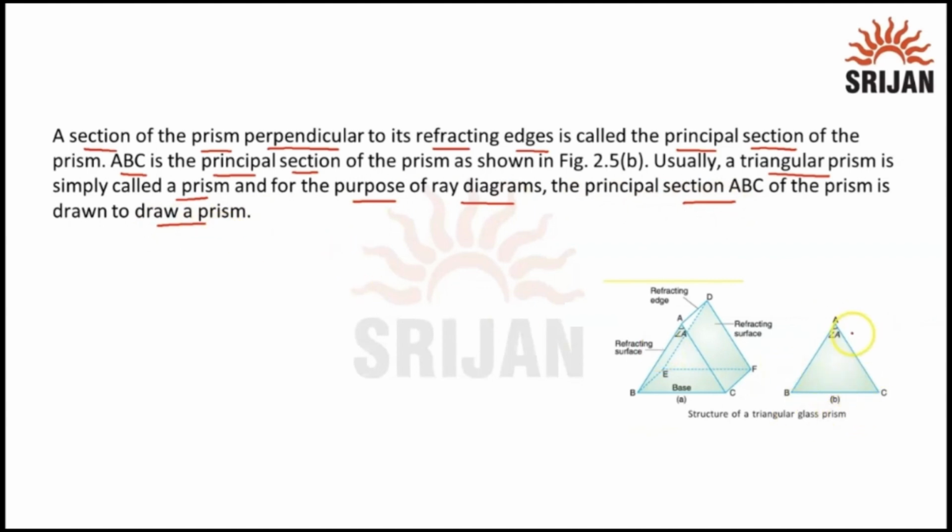We only show the prism like this because paper is two-dimensional. In order to represent a prism on paper, we draw it like this, because it gets too confusing if we draw the full solid on the sheet.